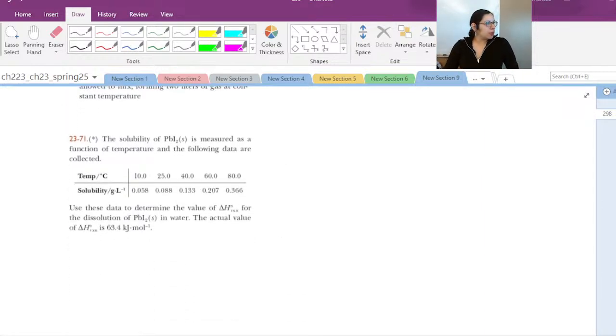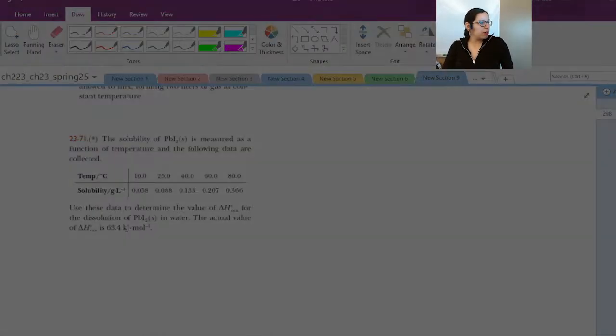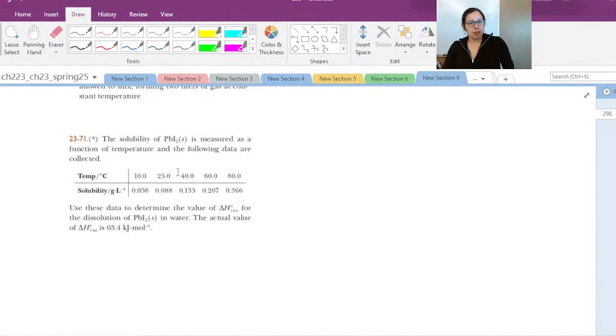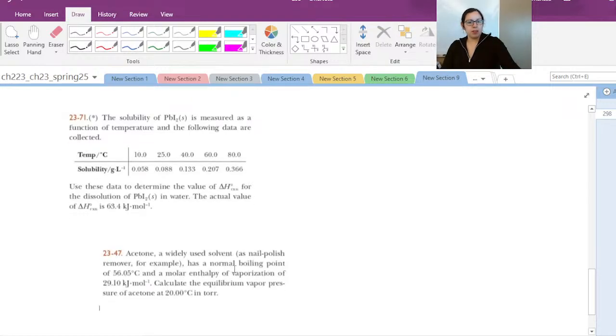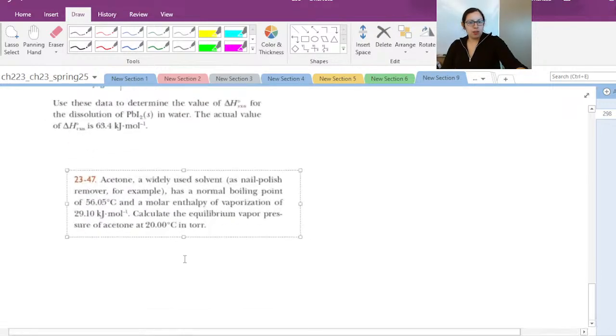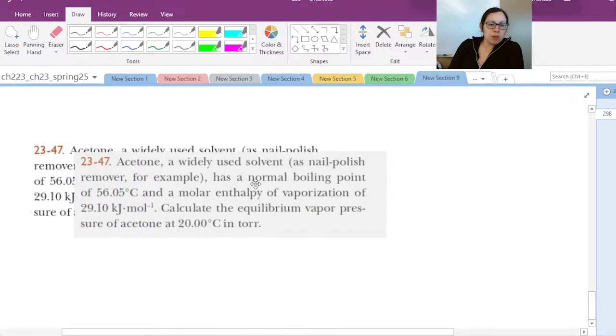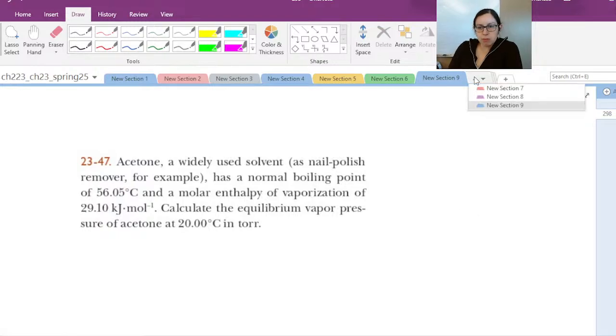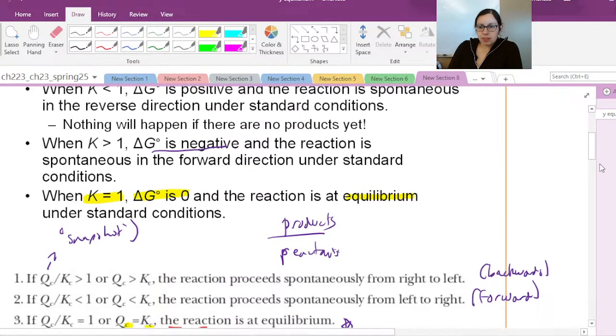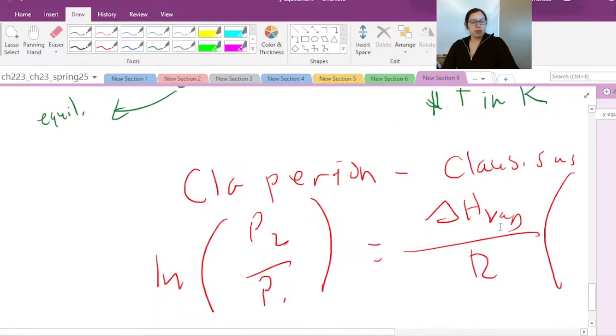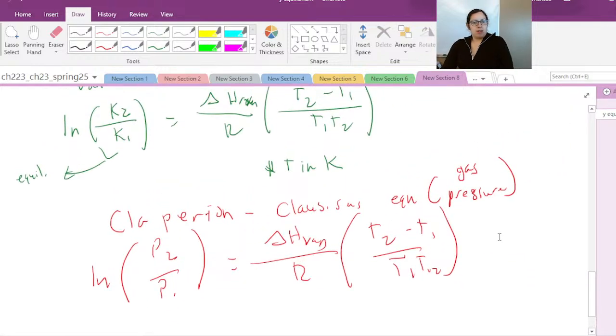Let's actually try, I'm going to put another one up there. So let's try this acetone one, just because we want to practice these two equations I kind of threw at you. And so now we can see where they're going to be relevant.